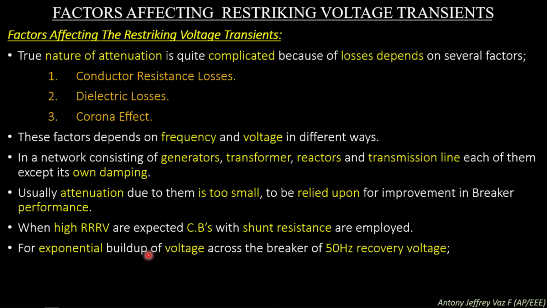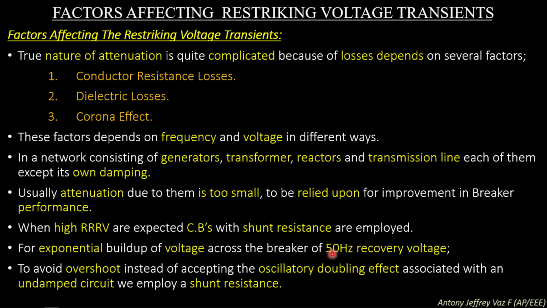For exponential buildup of voltage across the breaker at 50 Hz recovery voltage, to avoid overshoot, instead of accepting the oscillatory doubling effect associated with an undamped circuit, we employ a shunt resistance. So, to reduce the oscillatory doubling effect, reduce the rate of rise of restriking voltage, avoid the overshoot, and also reduce the duty of the circuit breaker, we introduce a shunt resistance across the circuit breaker contacts.